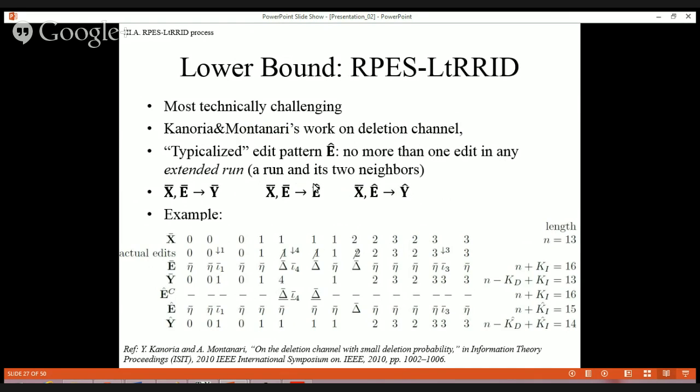So now we're going to show a little detail about our work. This part is about the lower bound for the random model. This is the most technically challenging part. We built on Kanoria and Montanari's previous work on the deletion channel with small deletion probability.